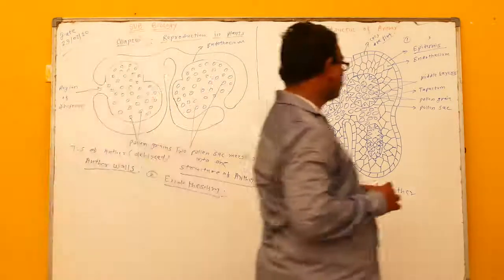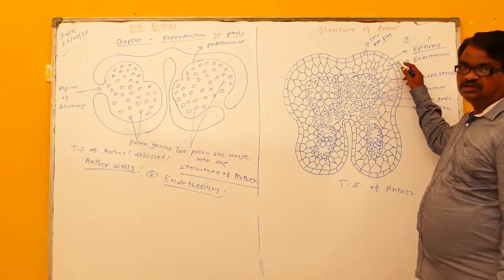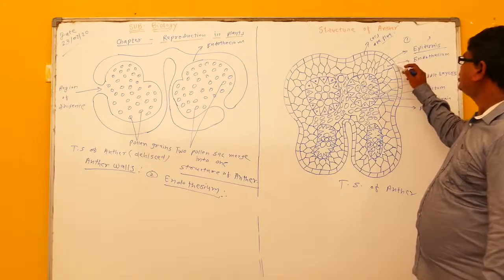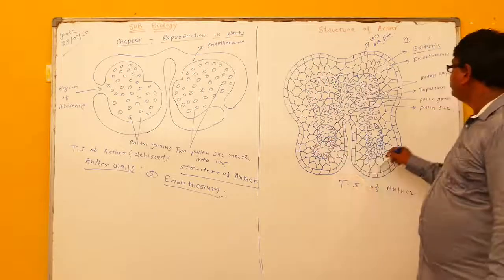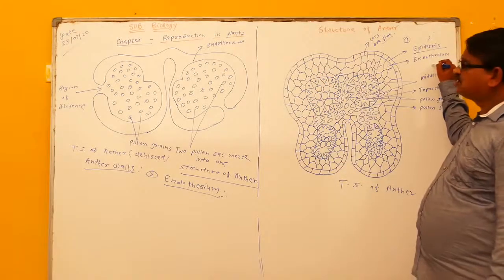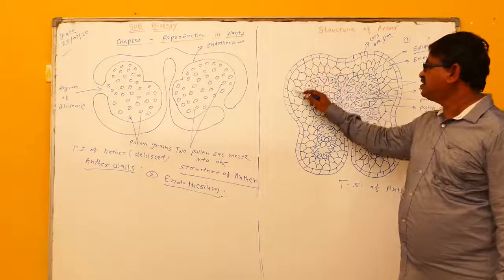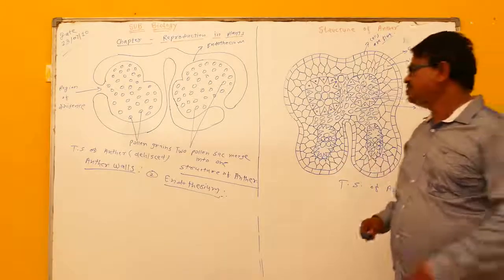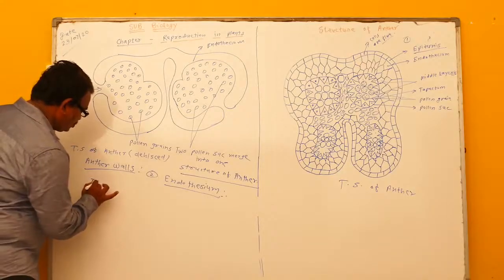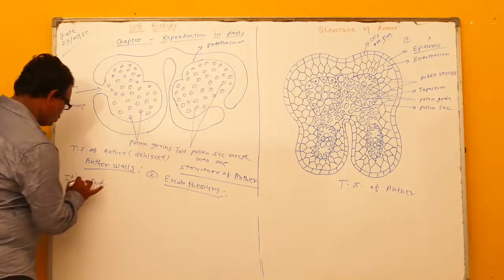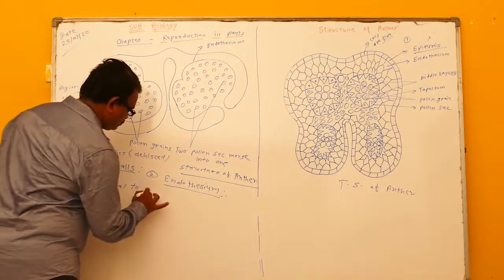This endothecium is inside the epidermis, the endothecium layer just inside the epidermis. Now the cells of this are a single layer. So endothecium is internal to the epidermis.